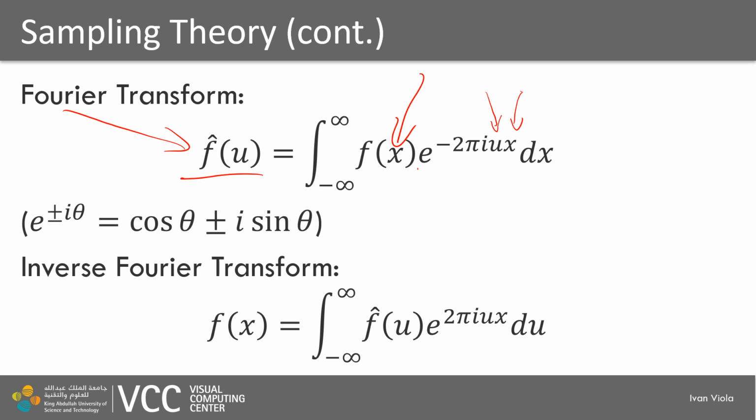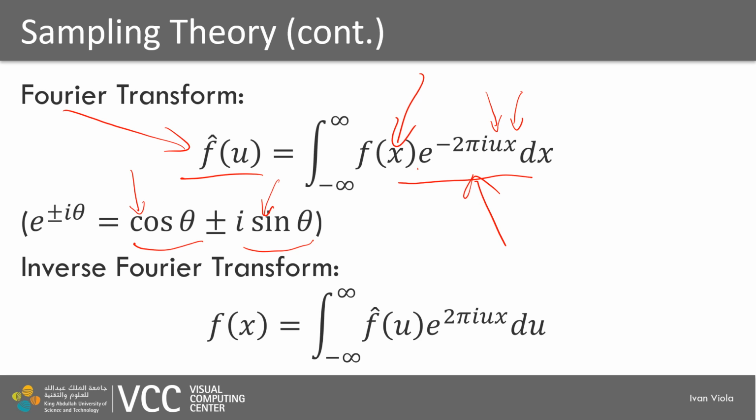Please keep in mind that this strangely new thing of e powered by something is nothing else than a sum of cosines and sinusoids, one representing the values for the real part and one representing the values for the imaginary part.